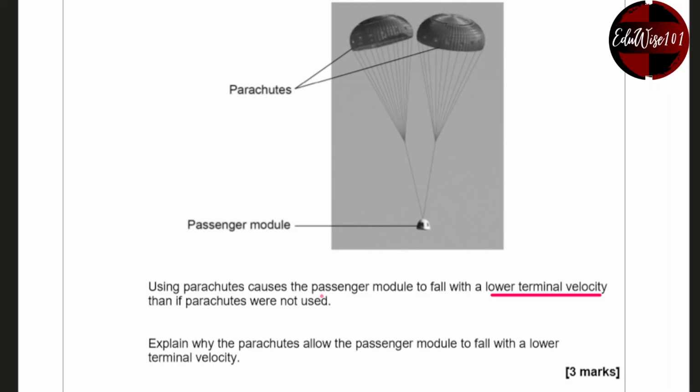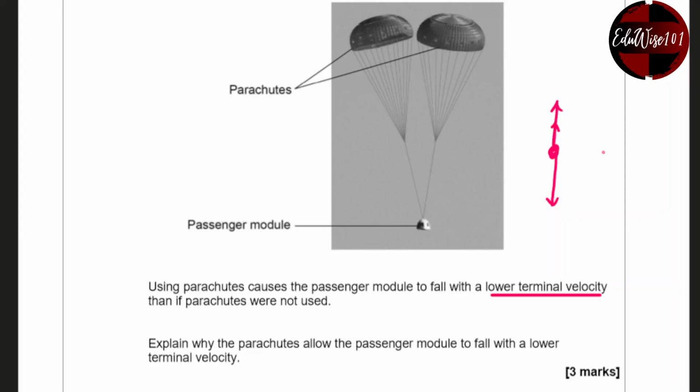Explain why the parachutes allow the passenger module to fall with a lower terminal velocity. Why would it fall with a lower terminal velocity? Remember, without the parachute, the air resistance is going to be smaller compared to the weight, and so it's going to speed up. Eventually, it's going to be equal.